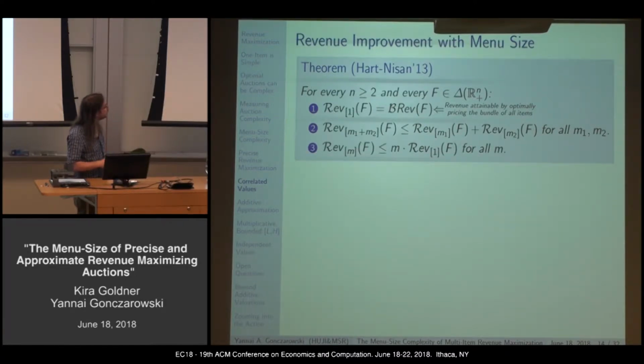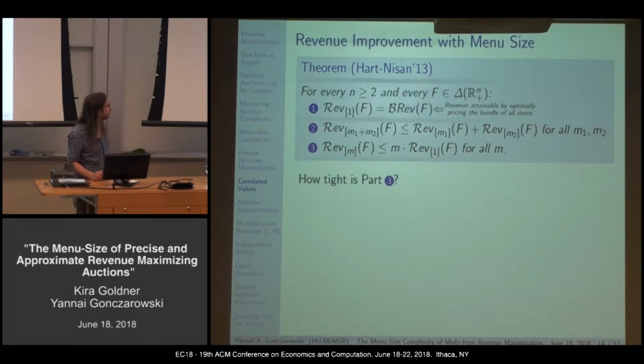And the last point, which is a direct corollary of the second point: if you want to compare the revenue from a menu size M to your best revenue from menu size 1, then it's going to be at most M times as much. So if selling using one menu item gives me $1,000, and now I'm willing to go up to a menu size of 100, then the most I'm going to get is $100,000, which is nice. It starts to show some structure.